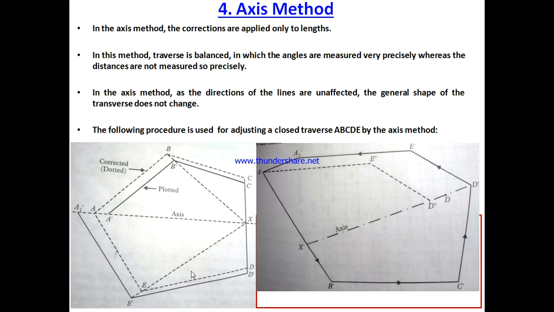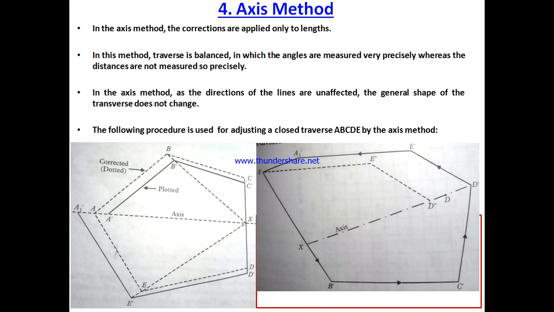But suppose somewhere it happens that dividing the traverse into two approximately equal parts is not possible, or the closing error line A1 dash A dash when extended does not cut the traverse in two equal halves. Then for that particular traverse we need to follow a different procedure.